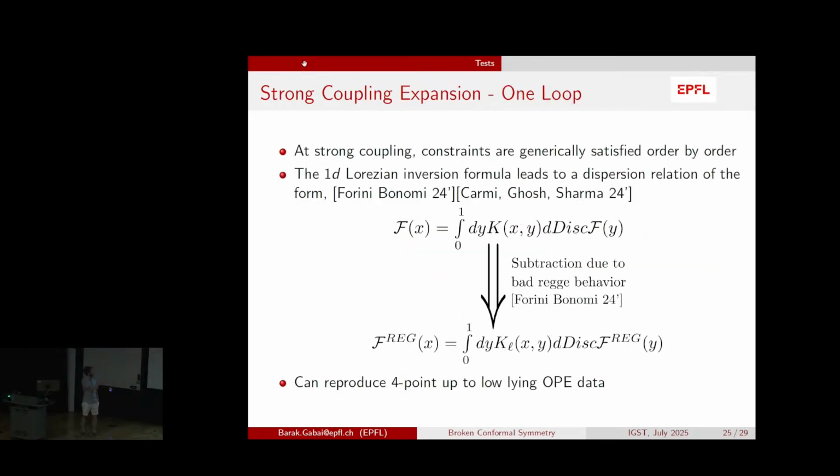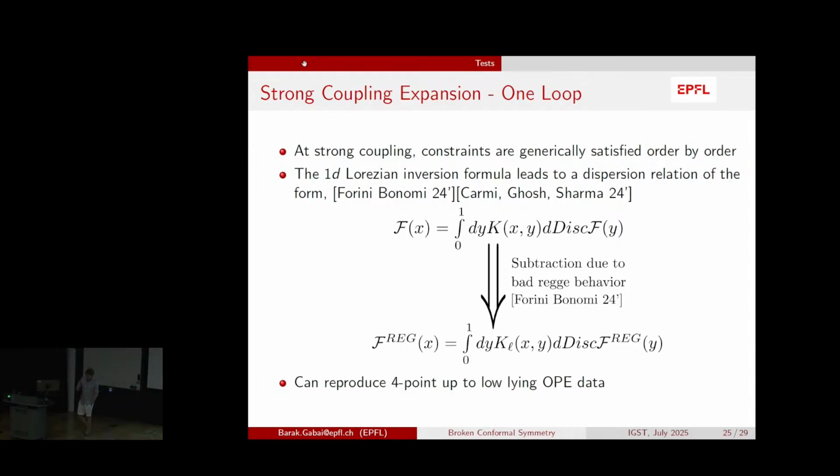This is done using technology that was developed in this paper, mostly in the paper by Ferrero and Bonomi, where we can use a dispersion relation based on the Lorentzian inversion formula to compute, say, a regularized form of the four-point function.